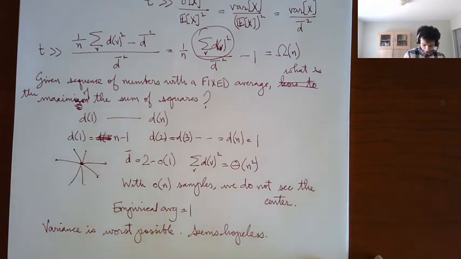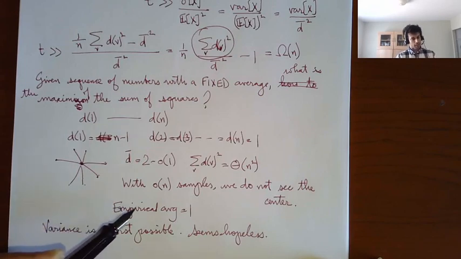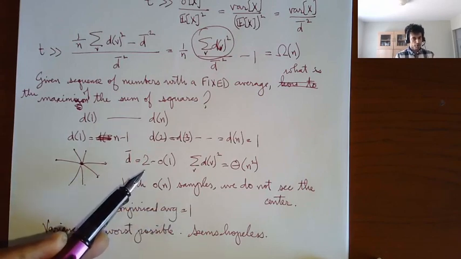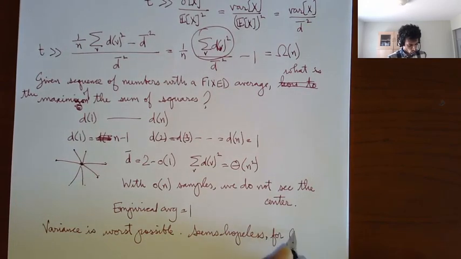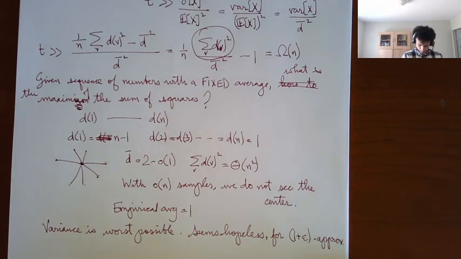Except what Feige observed is, even in this bad example, you are only off by a factor of 2. Right? So seems hopeless for a 1 plus epsilon approximation.